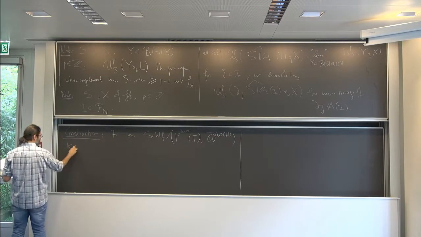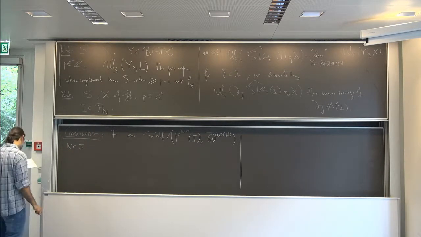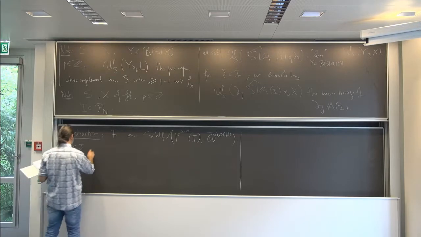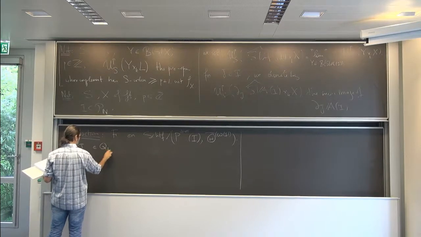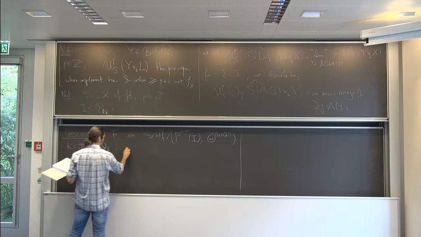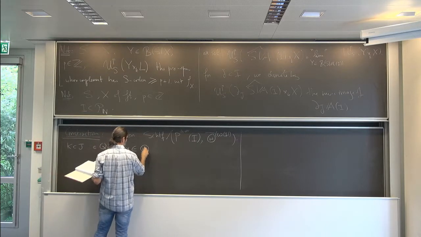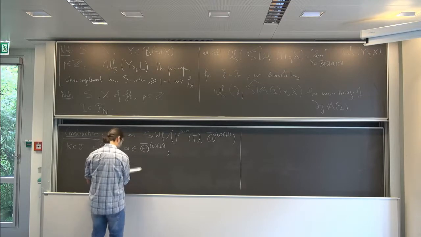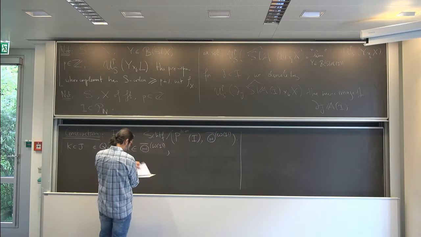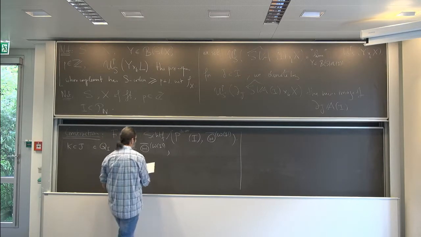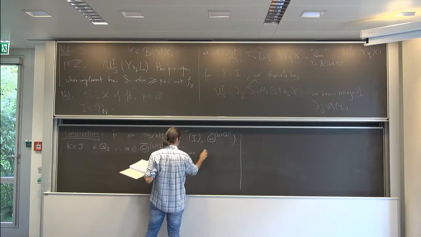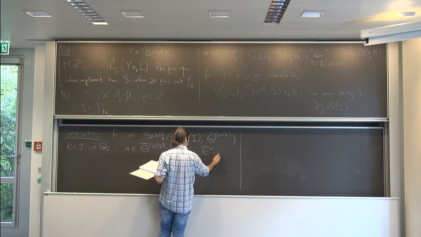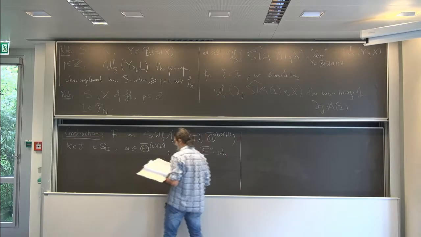So fix chi inside G, QI, alpha here, S and E bar alpha scheme of finite type.